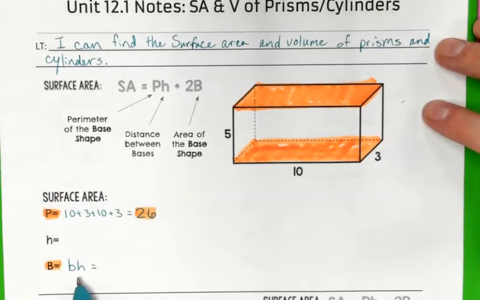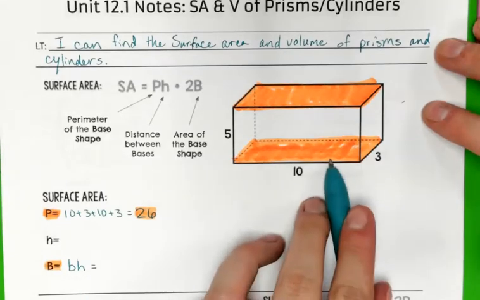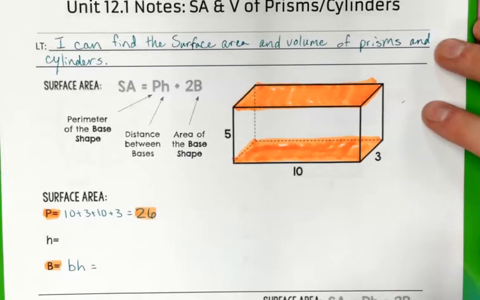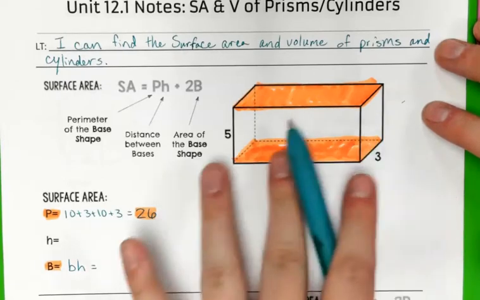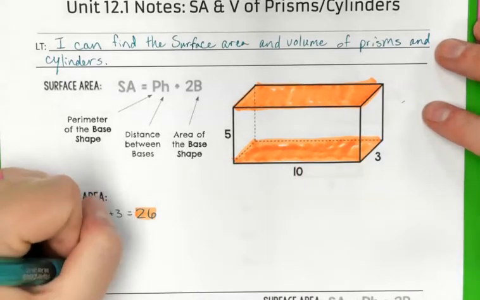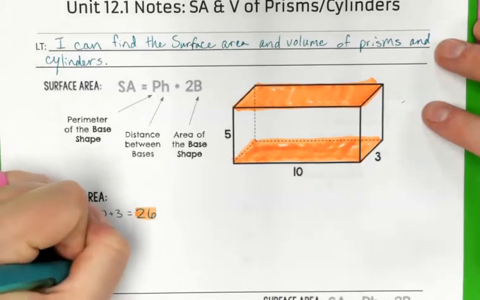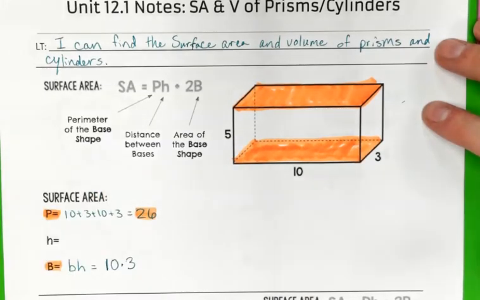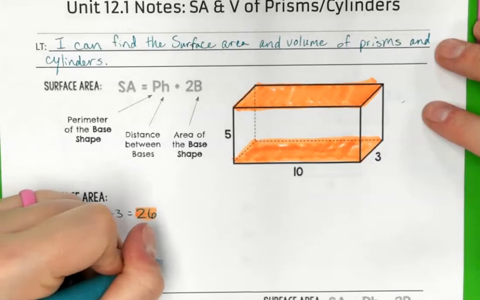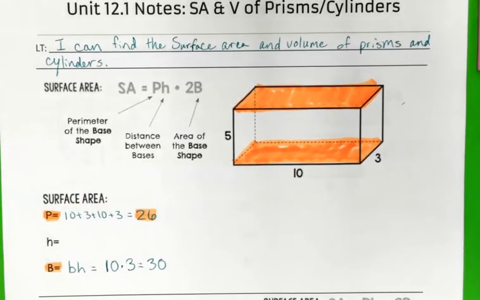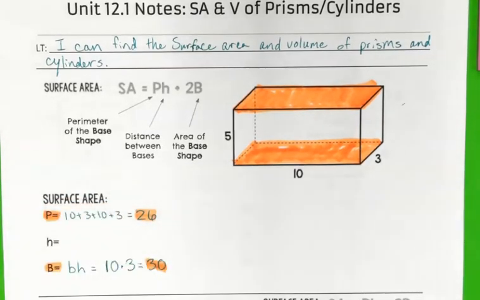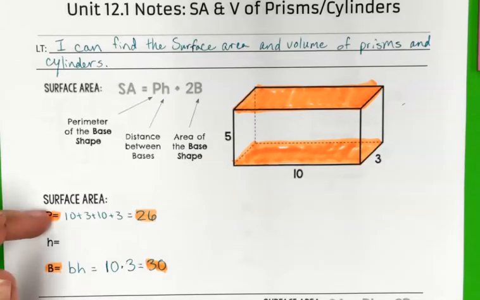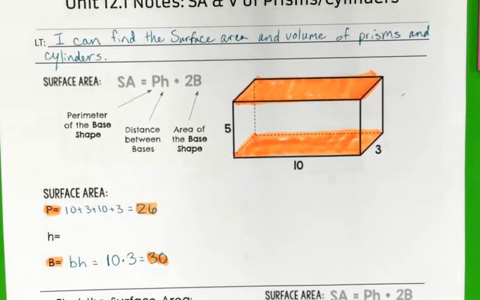I just need to figure out what my base and my height of this highlighted shape is. So the base is 10, the height is 3. That's why we highlight the shape, so it's easier to see. So 10 is my base times 3 for my height, and that is going to equal 30. Okay. And these are the two things that have to do with that base shape, your base rectangle.